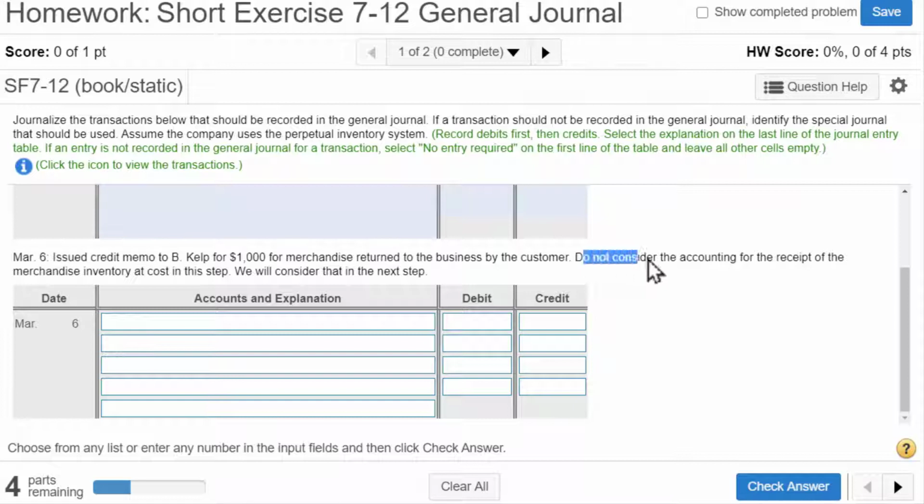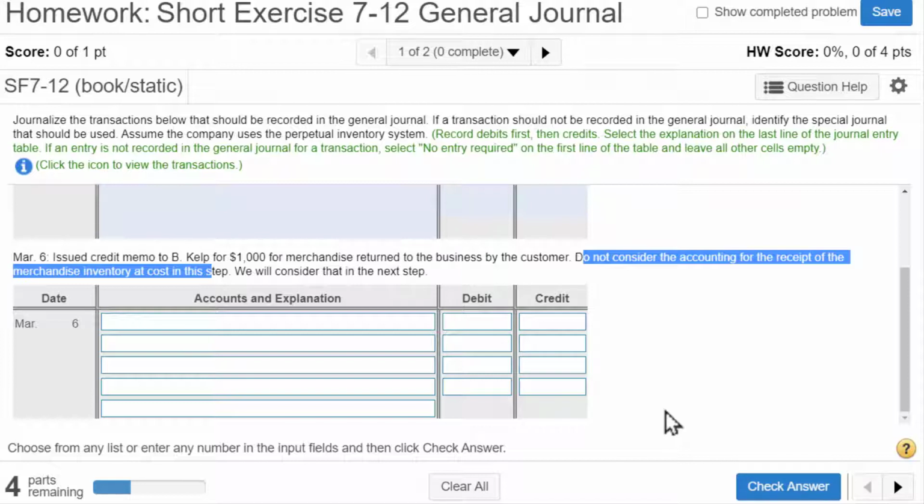It says, do not consider the accounting for the receipt of the inventory. So remember, this is going to take two transactions. The first transaction will be the amount that we are charging them. The second transaction will be the inventory coming back to us. So first of all, do we enter a sales return into the general journal? Yes, we do. So we're going to have to enter this transaction.